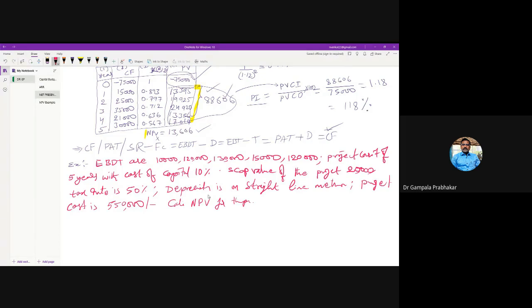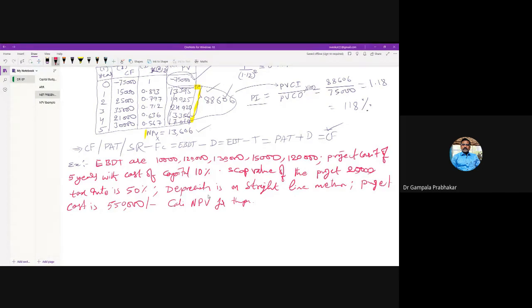So here the calculation of depreciation: actually in accounting, there are various methods available, nearly 9 methods, but in most cases for our capital budgeting problems, we take only the straight line method, even though it is not mentioned in the problem. You must take the straight line method only.